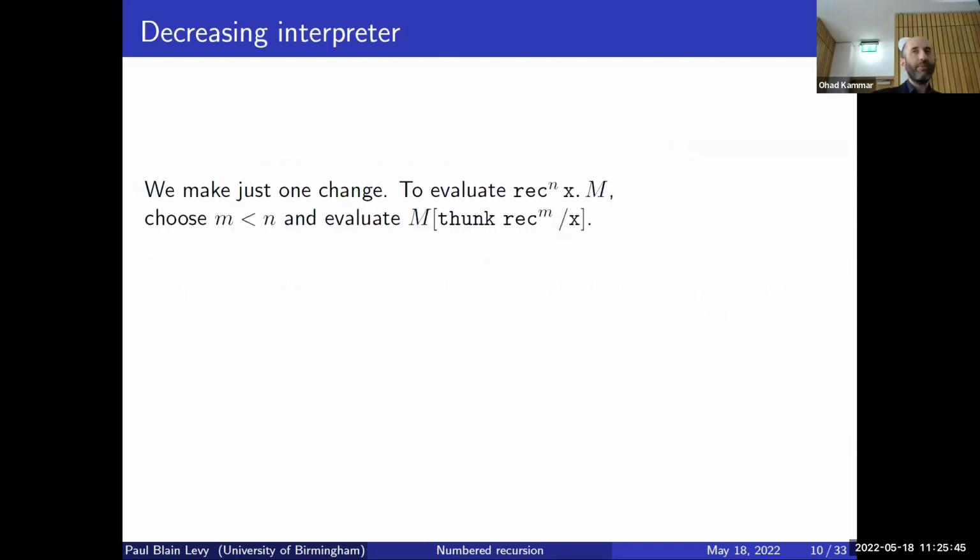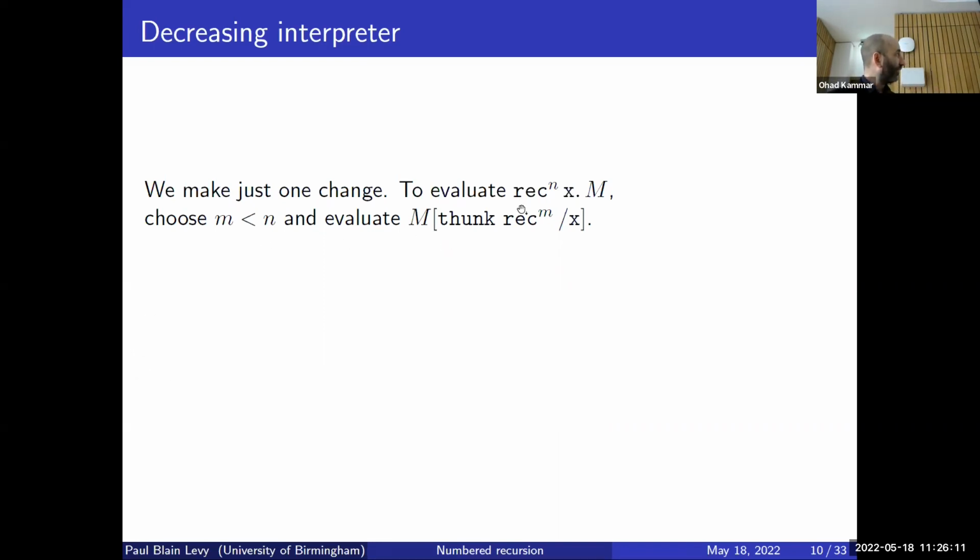Okay, so far, what do we see? We've seen the small language with recursion, with its unwinding evaluation, and then we saw a big language with numbered recursion, with its unwinding evaluation. We saw the properties of unwinding evaluation. Now I want to move to a different evaluation, which is called the decreasing one. So we change the interpreter, we just make one change.